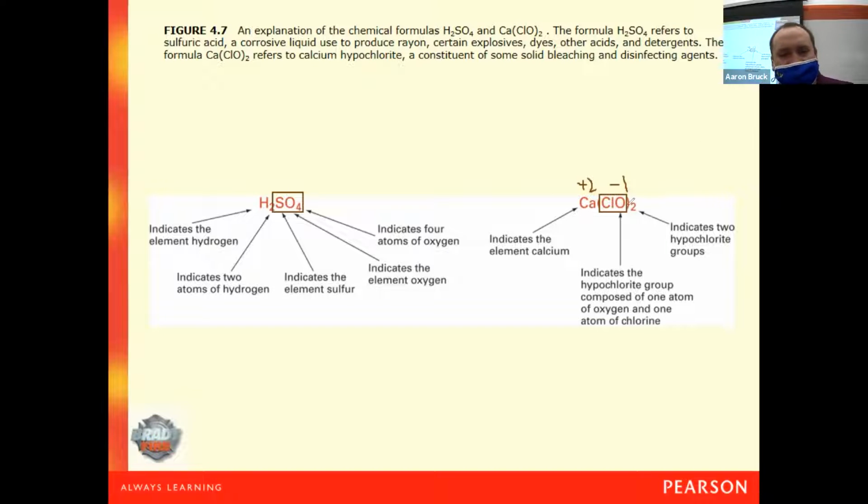And so that's where that 2 on the outside comes in. So when we see parentheses, those parentheses usually indicate an atomic group, some kind of a molecule composed of those atoms on the inside. And a number outside of those parentheses indicates the number of those ionic groups that are there.